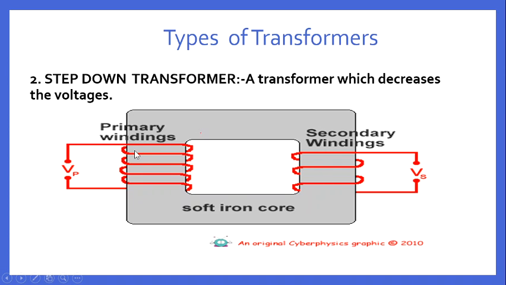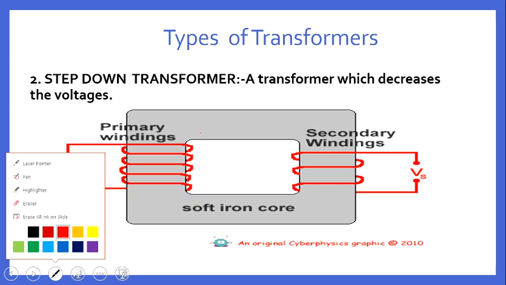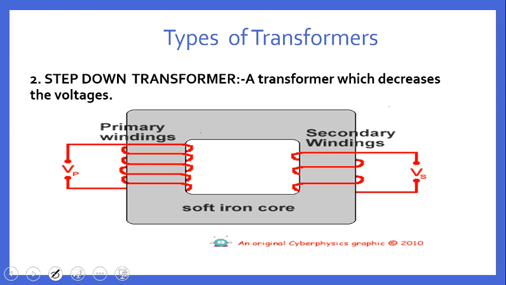But just like the first one I explained earlier, the number of turns of coil in the primary coil this time around is more than the one in the secondary coil. As such, the induced voltage in the secondary coil will be very small compared to that of the primary coil, depending on the number of turns of coil.